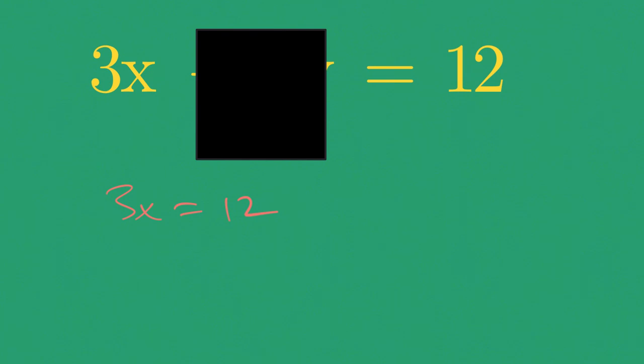How would I solve this? You divide by 3 on both sides. And what is 12 divided by 3? 4. X equals 4. There's your x-intercept.